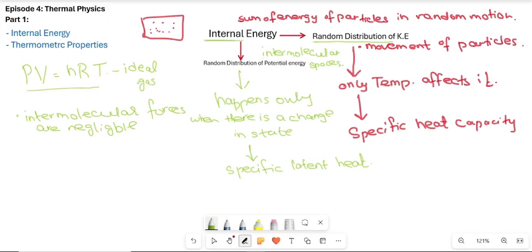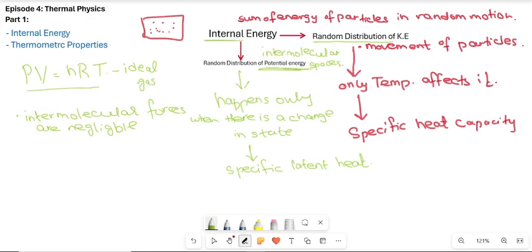So do you see the word intermolecular forces? When they are negligible, which means the potential energy then becomes negligible. So in an ideal gas, potential energy does not exist, and it only depends on the random distribution of kinetic energy, right? So we said intermolecular forces are negligible. That means they cease to exist in an ideal gas.